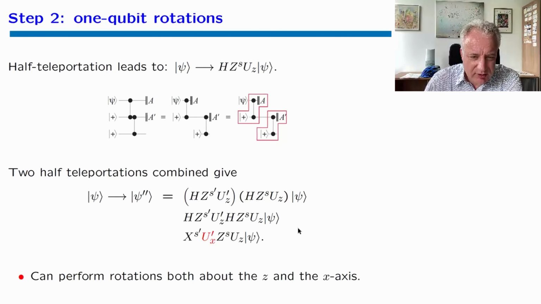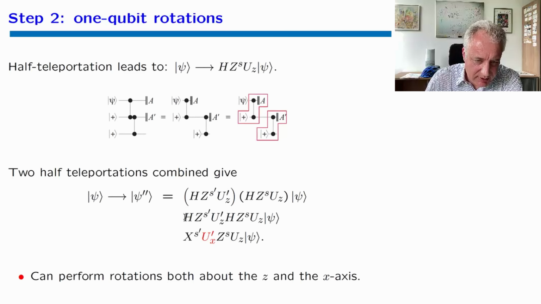What we now do is reorder these operations. First, we will move this Pauli correction to the very end.